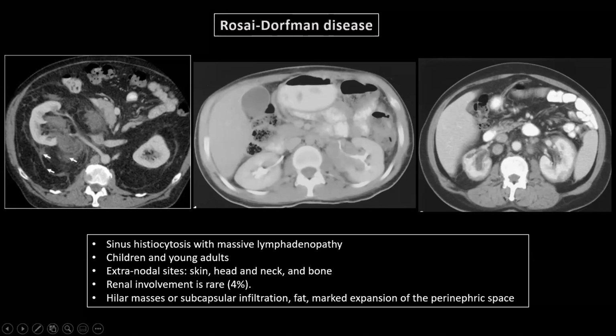So if the patient has a known diagnosis of Rosai-Dorfman disease, this will be easy to diagnose. We should only be familiar with the involvement of the kidneys in these patients. However, if it's not diagnosed before, this will need tissue sampling.